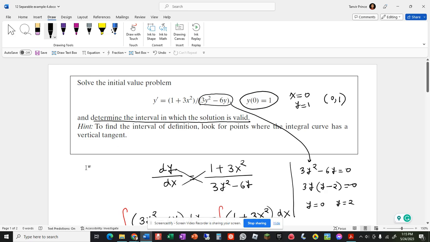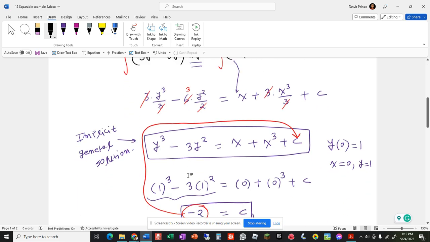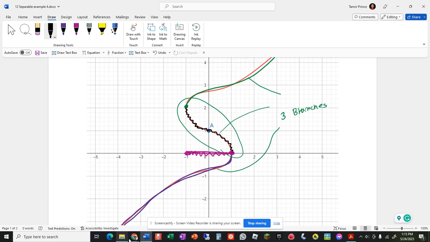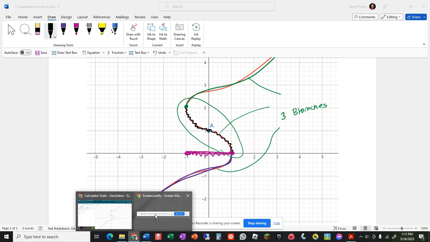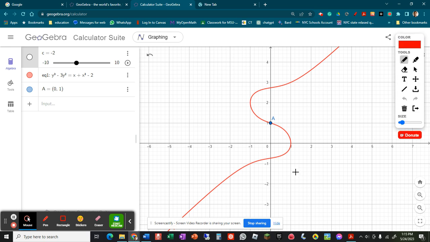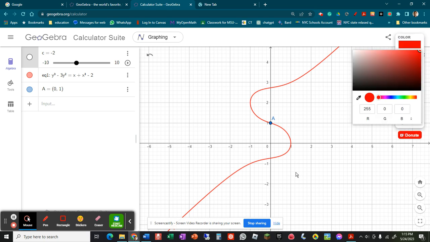And look at this picture, going back to our picture. Here, y is 0 and y is 2. So let's take a look at it.